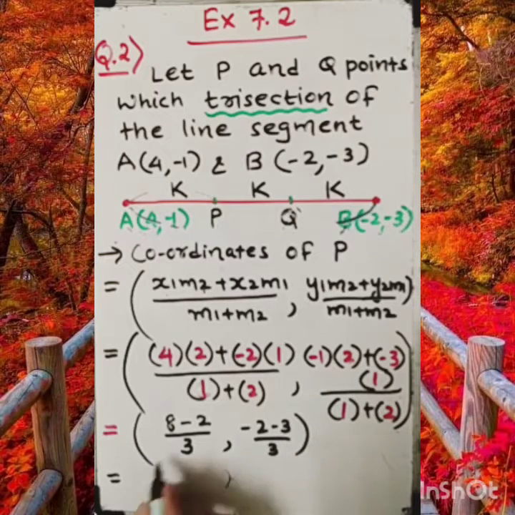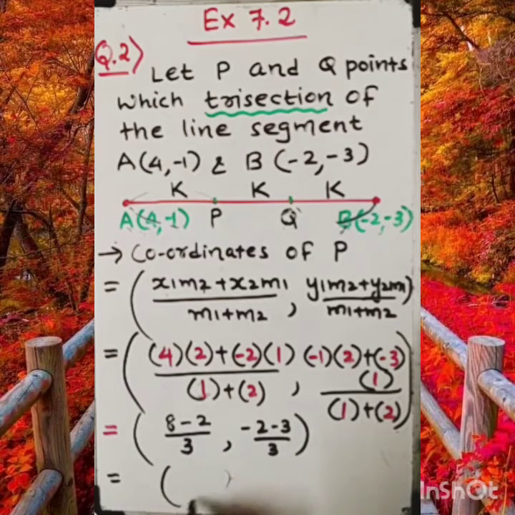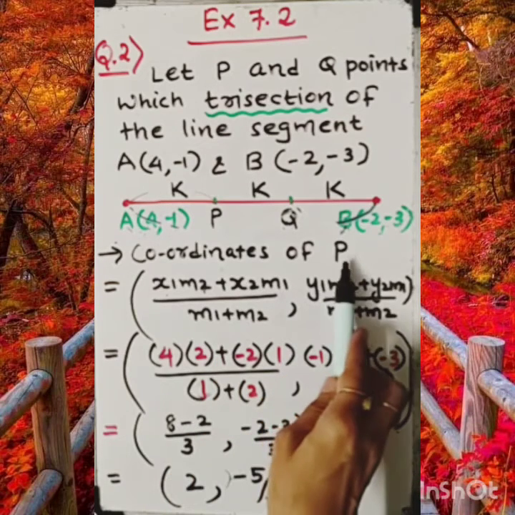So 8 minus 2 is 6, and 6 by 3 is 2. Minus 5 by 3, no simplification further. So finally, 2 comma minus 5 by 3. These are the coordinates of point P.